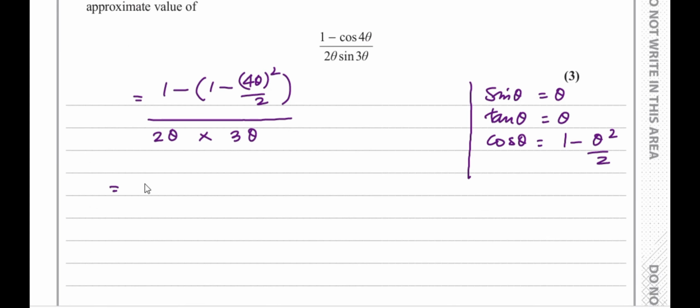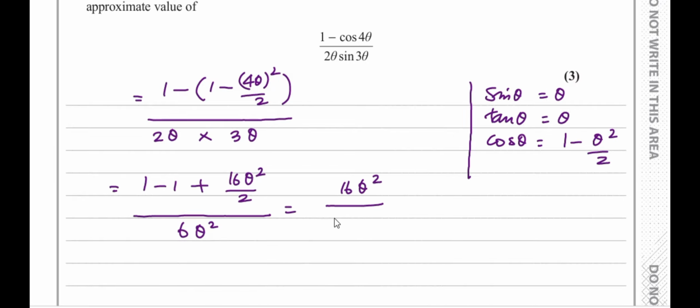Simplifying this, we get 1 minus 1 plus 16 theta square over 2, over 2 theta times 3 theta is 6 theta square, which will simplify to 1 minus 1 cancelled out. So 16 theta square over this 2 comes to the denominator as 12 theta square, therefore that is equal to 16 over 12, which is 4 over 3, which simplifies to 1 over 3.